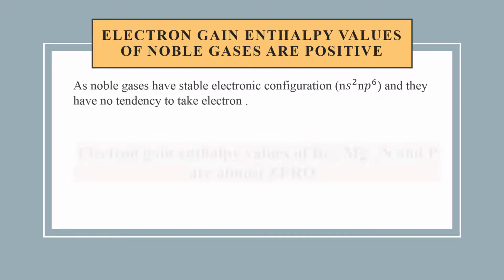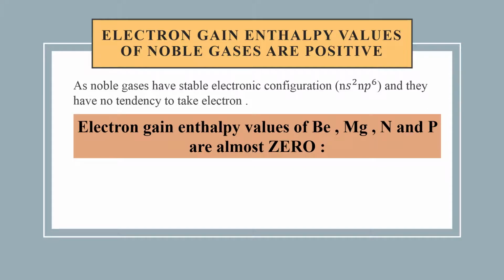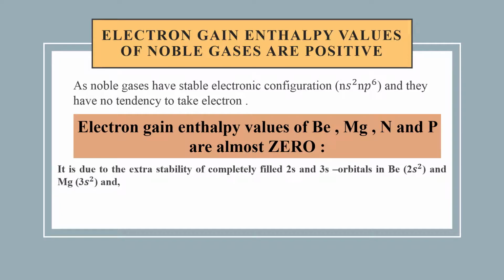electronic configuration. Similarly, electron gain enthalpy values of beryllium, magnesium, nitrogen and phosphorus are almost zero. Now why is this so? It is due to the extra stability of completely filled 2s and 3s orbitals in beryllium and magnesium. As we noted, the electronic configuration of beryllium is 1s2 2s2.